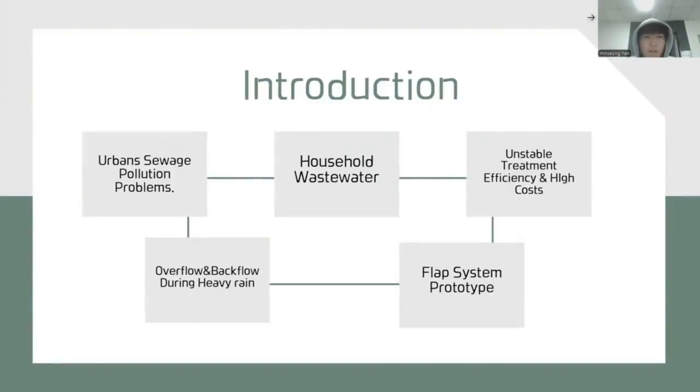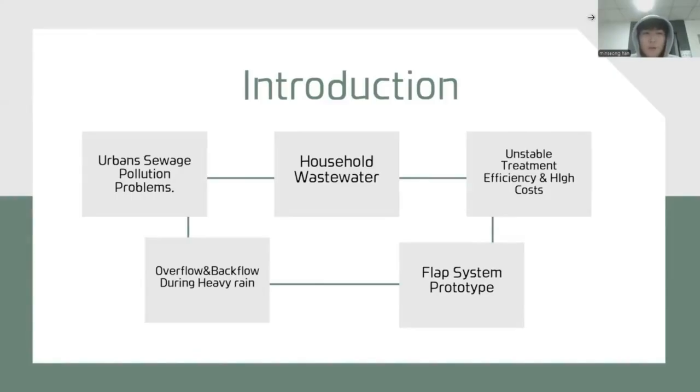Furthermore, heavy rains can cause rapid increases in water pressure. Therefore, we believe that we could alleviate these problems by creating a device that simultaneously reduces contaminants at the domestic sewage stage and maintains a constant water flow.